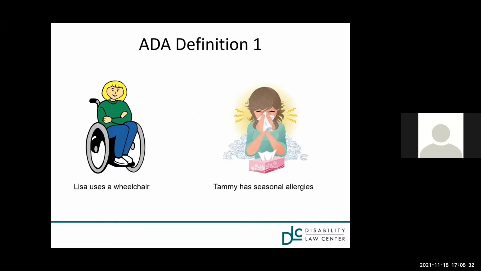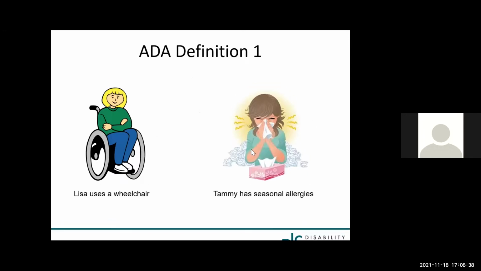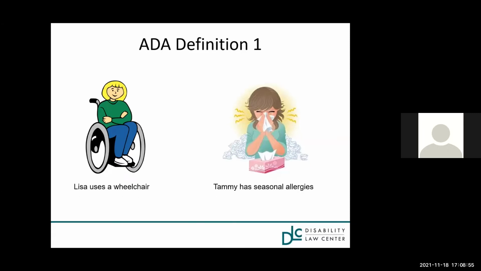On the other hand, we've got Tammy who has seasonal allergies, and Tammy would probably not be covered under the ADA because that's unlikely to be a substantial limitation of a major life activity, even though that is clearly a physical impairment.